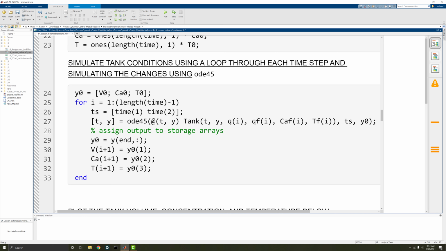So, at time step 2, for example, if we're simulating from 1 to 2, we'll store the results not at 1, but at the next step 2. So at time 2, we have the volume, concentration, and temperature stored within the y0 array. The nice thing about storing it in the y0 array is that we're ready to go for the next iteration. So for 2 to 3, we'll iterate through, and then we'll store the results at the element number 3.